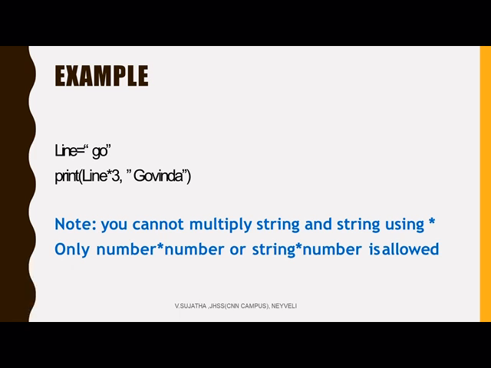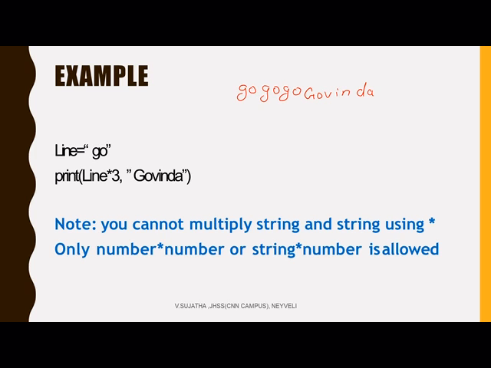See here, now the answer is go, go, go. 3 times it will be printed. Then afterwards they have given the message Govinda. This is your output: line into 3 times.